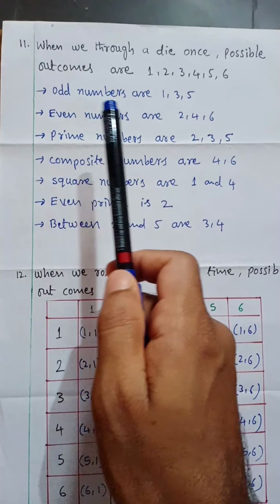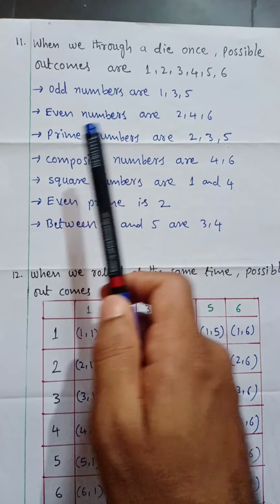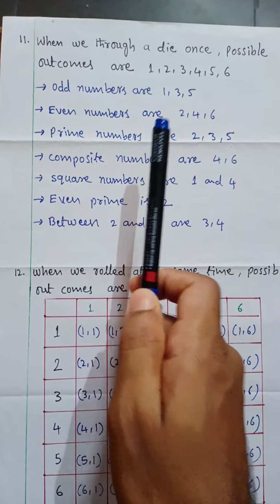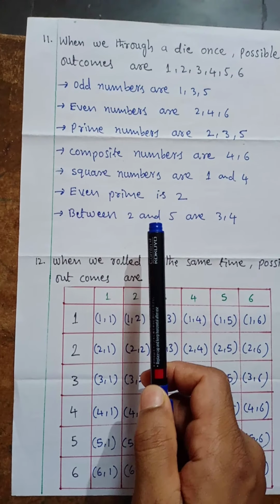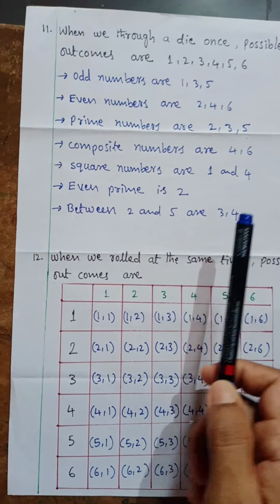Odd numbers 1, 3, 5, even numbers are 2, 4, 6, prime numbers are 2, 3, 5, composite numbers are 4, 6, square numbers are 1 and 4, even prime is 2, between 2 and 5 are 3 comma 4. Anything they will ask, we have to know about all these numbers, then you will get it very easily.